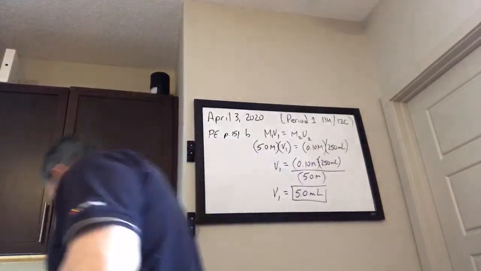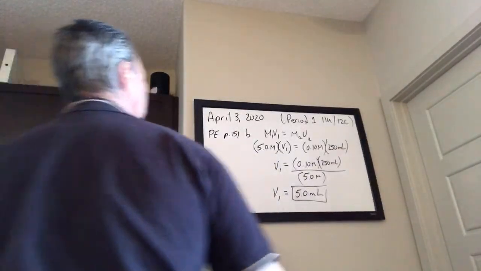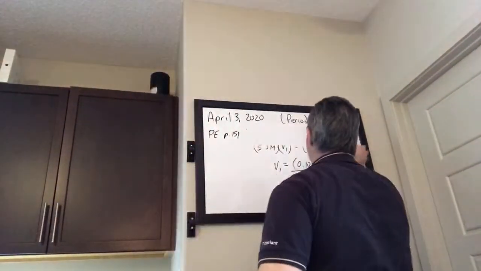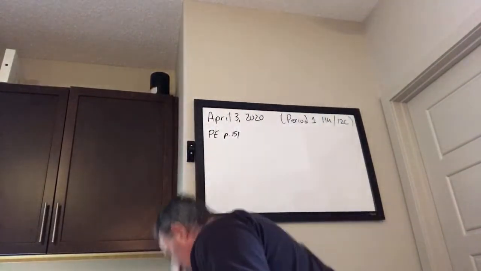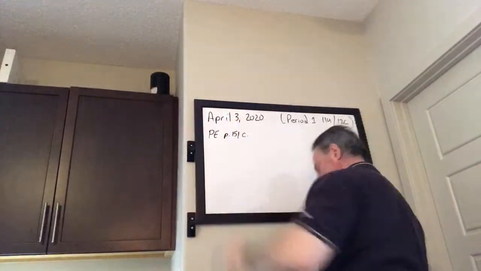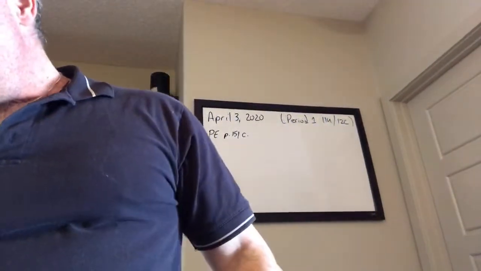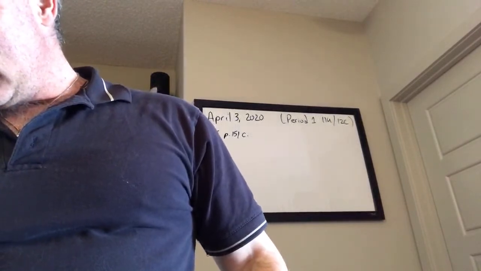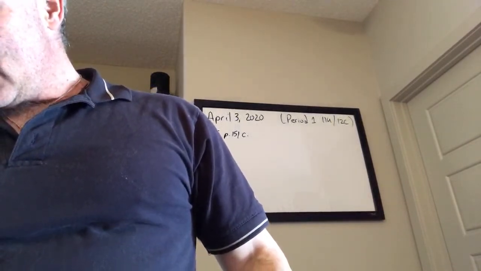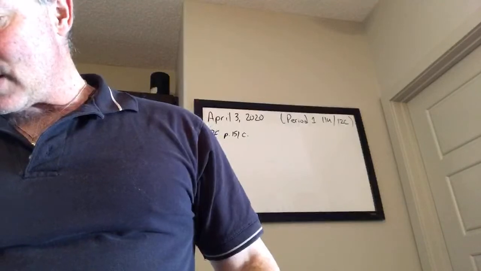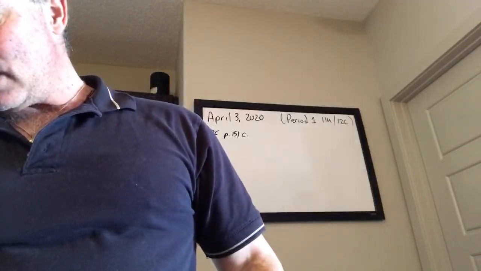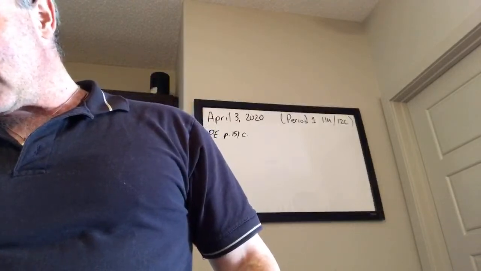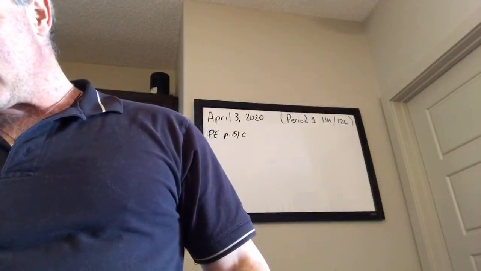Part C is next. Part C asks, if 10 milliliters of a 10 molar stock solution of sodium hydroxide is diluted to 250 mL, what is the concentration of the resulting solution?